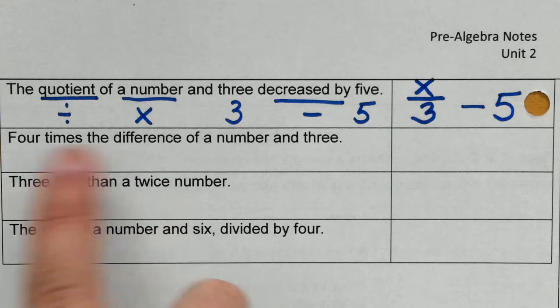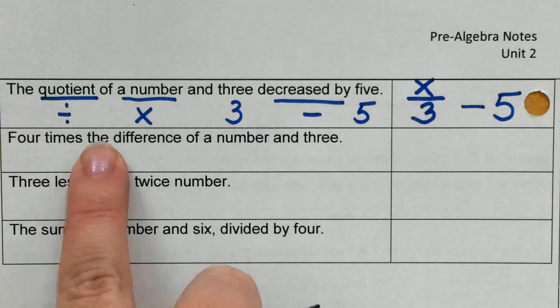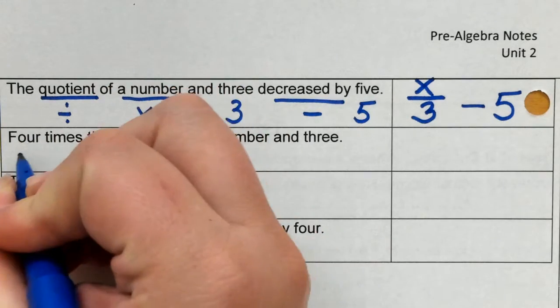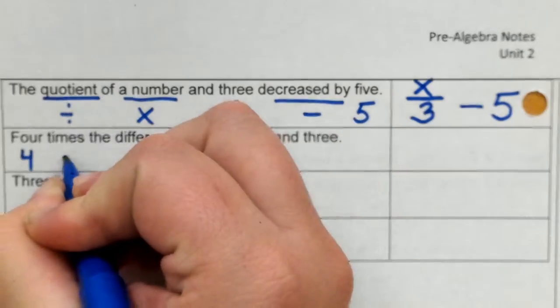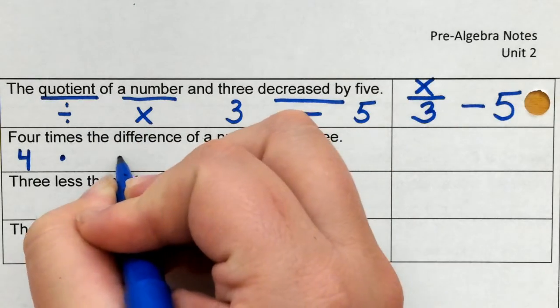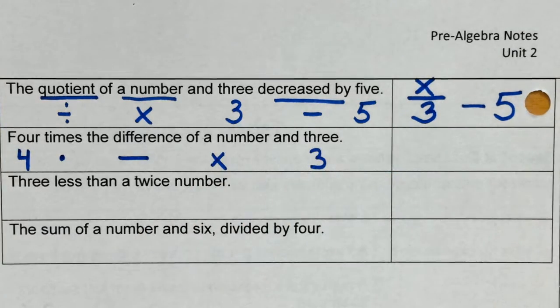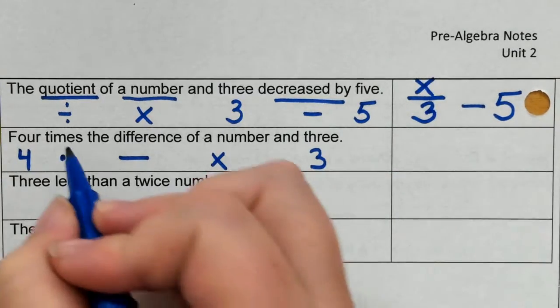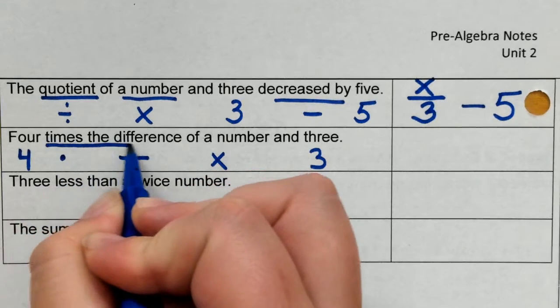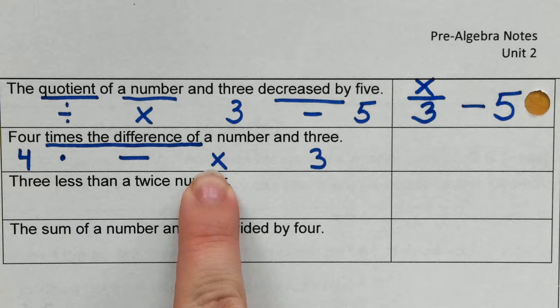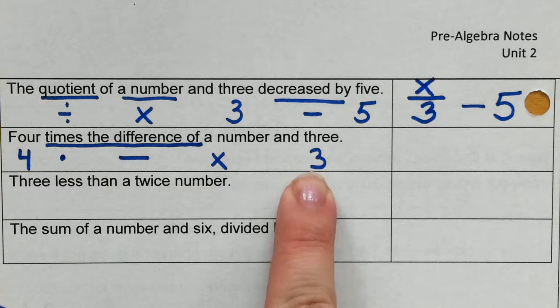For the next one, this says 4 times the difference of a number and 3. Okay, so I have 4 times the difference of a number and 3. If I look, here's that times the difference of again. So it's not 4 times x or 4 times 3.